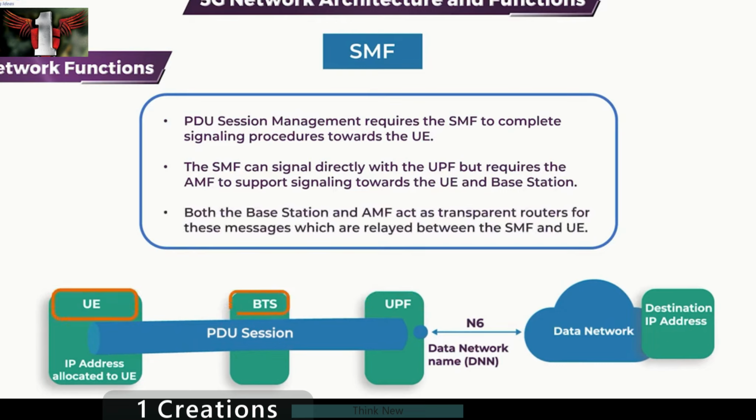Both the base station and AMF act as transparent routers for these messages, which are relayed between the SMF and UE. The UE can initiate the setup of a PDU session by sending a NAS PDU session establishment request. Assuming a successful setup, the SMF responds with a NAS PDU session establishment accept message.